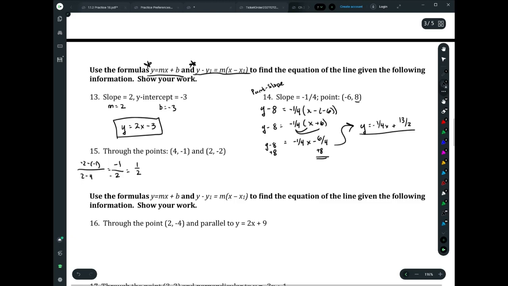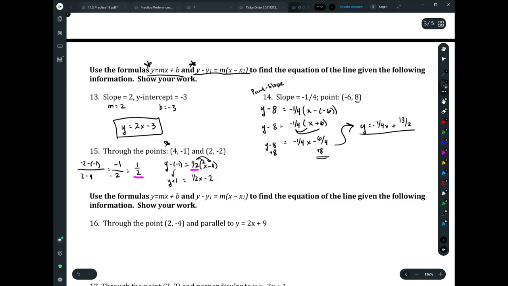Once we have our slope, you can use either point. I'll use the first one, y minus -1, and we're using point slope form, the slope we just found. So the 1/2 and x minus 4. So we have 1/2 x, distributing 4 times 1/2 is going to be -2.